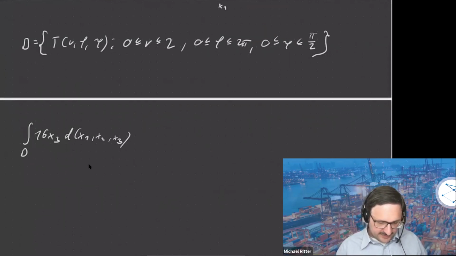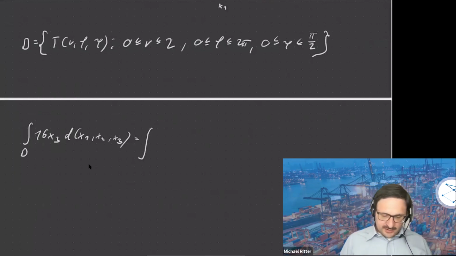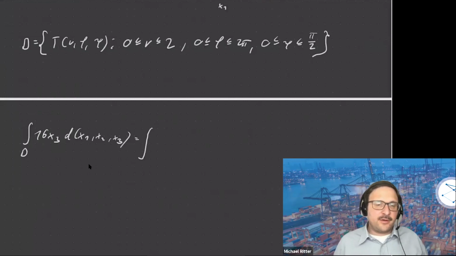So what we get here, if we do this, would be the following triple integral. There's no dependence between r, phi, and psi in that case. So the area that we have is, let's say, like a box in spherical coordinates. That means we can choose whatever order we want for integrals.